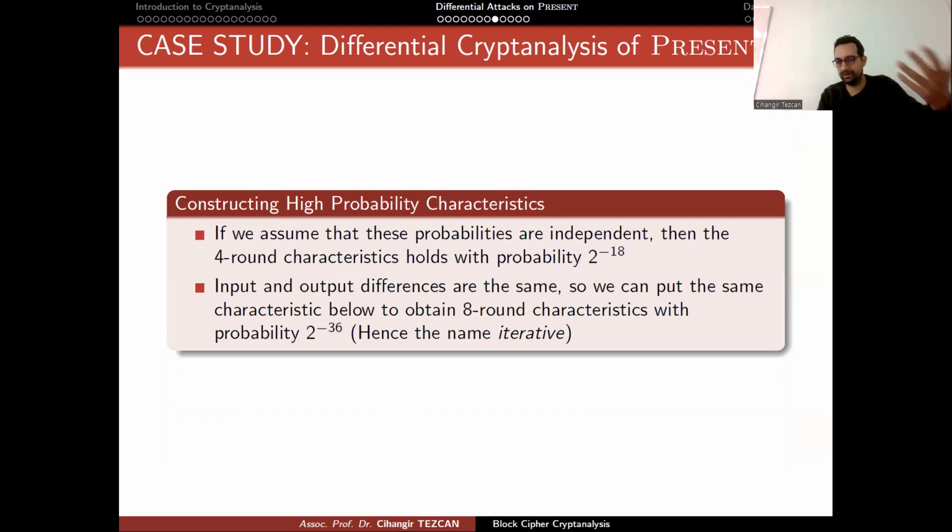This is why we call it iterative. You may put it again and obtain a 12-round characteristic, but this time the probability will be, I guess, 2 to the minus 54. So you might say, okay, why don't I add it infinitely many times and obtain a very long distinguisher?